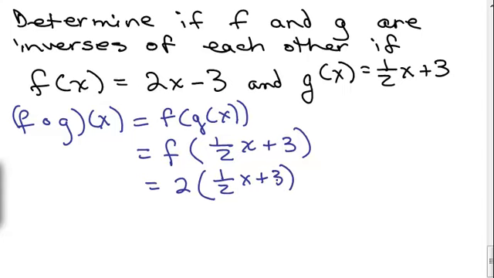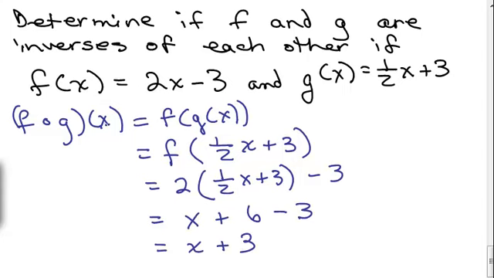So there's 2 times the x. Oh, and then minus 3. So let's see. We're going to do the distributive property. 2 times 1/2 x is x, plus 2 times 3 is 3, minus 3. So we get x plus 3.